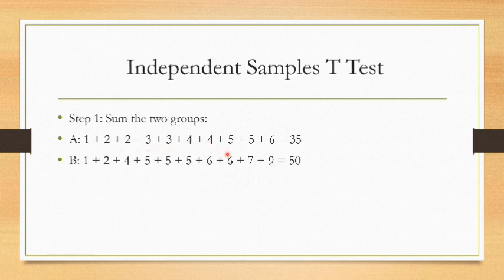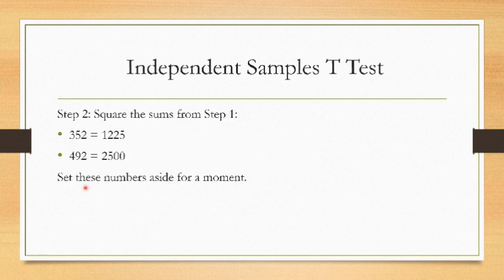While on the other hand, sa B, meron tayong 1 plus 2 plus 4 plus 5 plus 5 plus 6 plus 6 plus 7 plus 9. So, ayun yung meron tayo sa set B na is equals to 50.